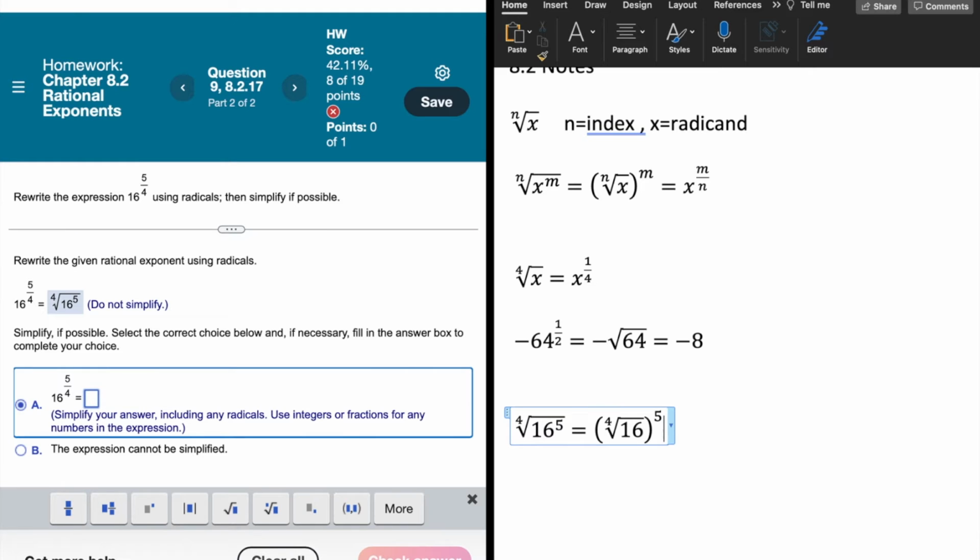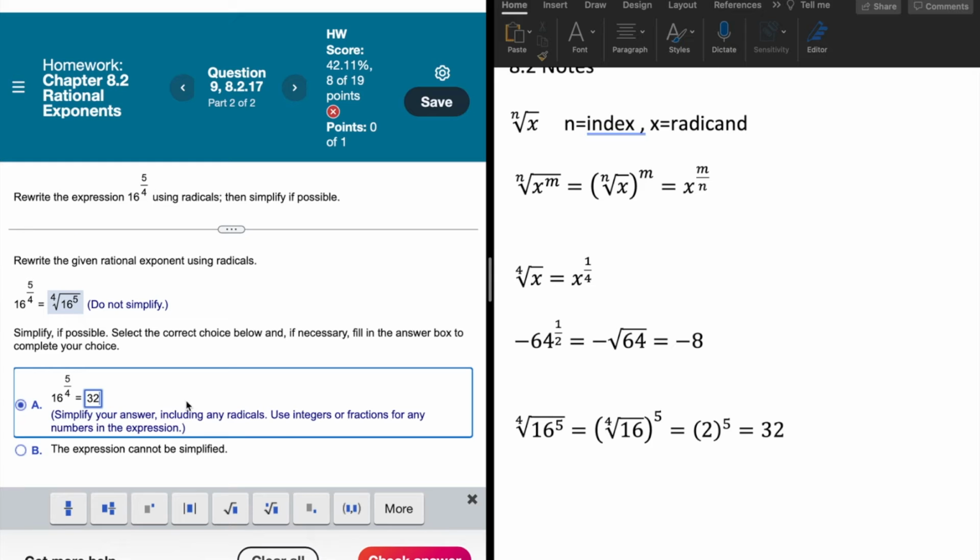The reason is that 16 to the 5th power is really huge, and I don't know what that is off the top of my head without a calculator. You might not know the 4th root of 16 without a calculator either, but you can 4th root 16. It turns out that you end up with 2. And then 2 to the 5th power is simply 32. So it can be simplified. That whole thing just ends up being 32.